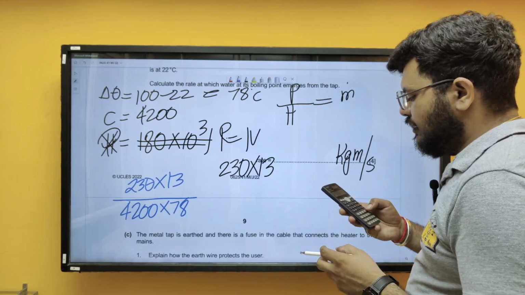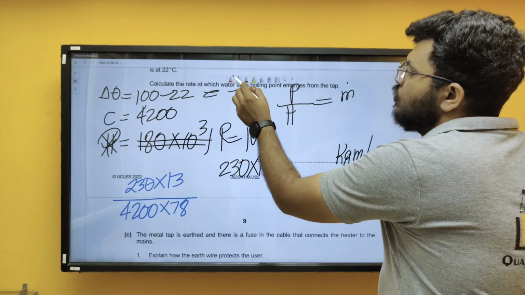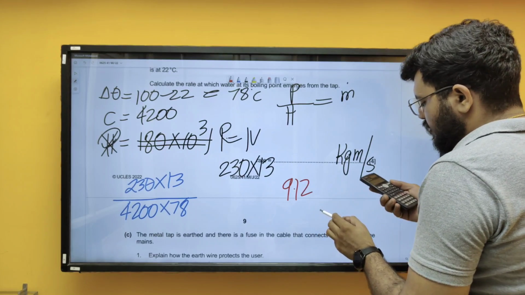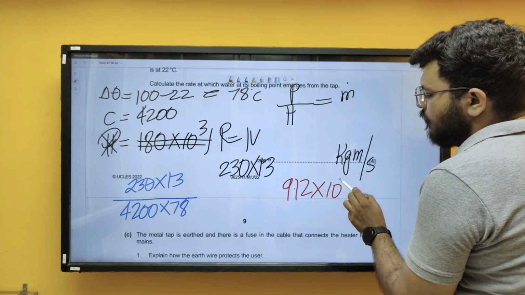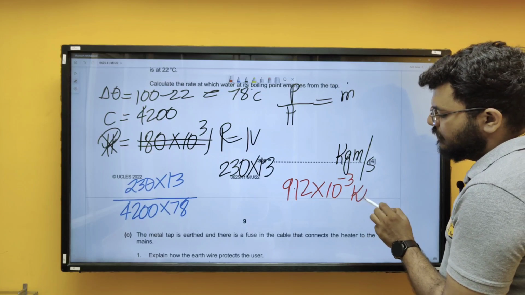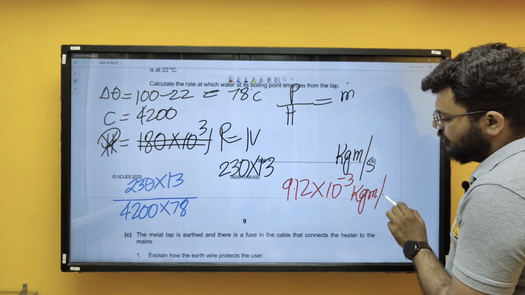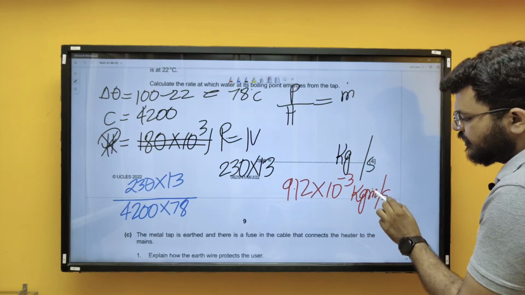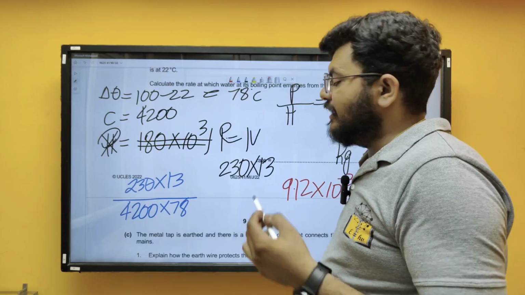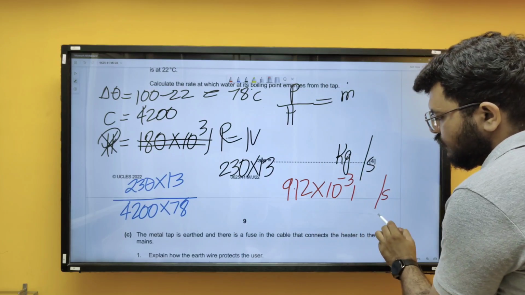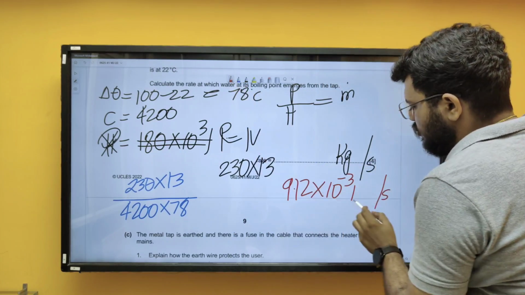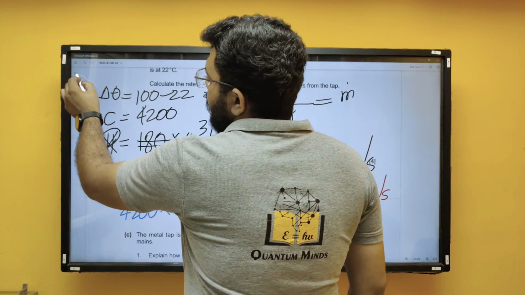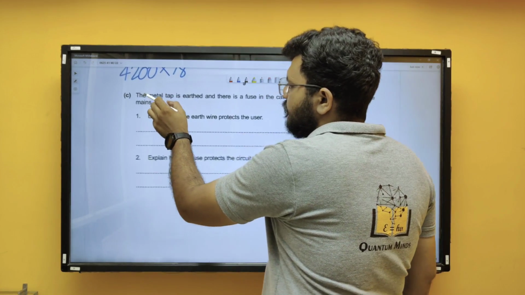So I get 9.12 into 10 to the power minus 3 kilograms per second. It should just be kilogram per second, right? Mass flow rate, kg per second. So this is your answer, right? Then we have the next question.